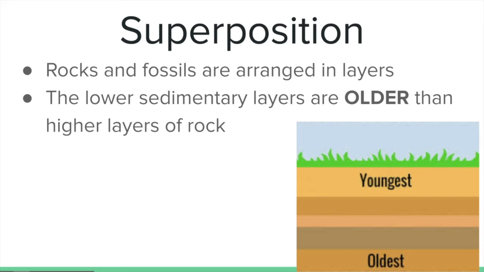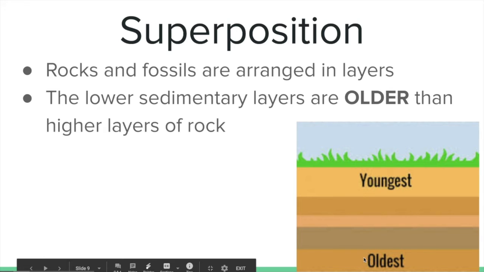There are many different layers that are built up. Superposition is that the lower sedimentary layers, the ones at the bottom, are older than the layers at the top. So we know that the fossils or rocks that are found deeper in the earth are much older than the ones that are found at the top.